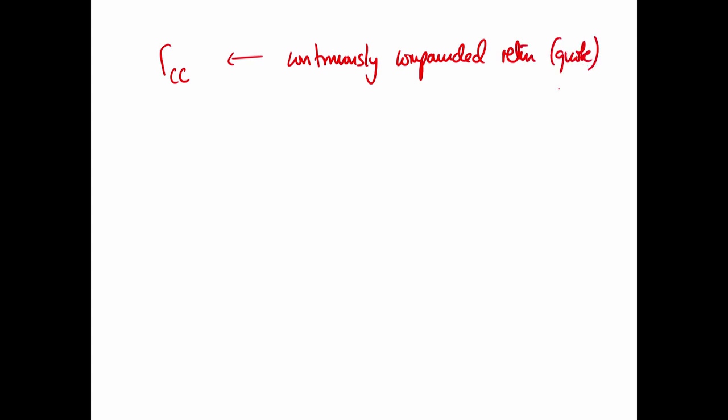Continuously compounded returns, you might remember, if a return is continuously compounded, let's call it RCC, then it's quoted at a certain level, but to work out what you actually get once that return is continuously compounded is R. And 1 plus R, your growth, 1 plus your actual return, is going to be e to the RCC, the exponential constant to the power of that continuously compounded quoted rate.